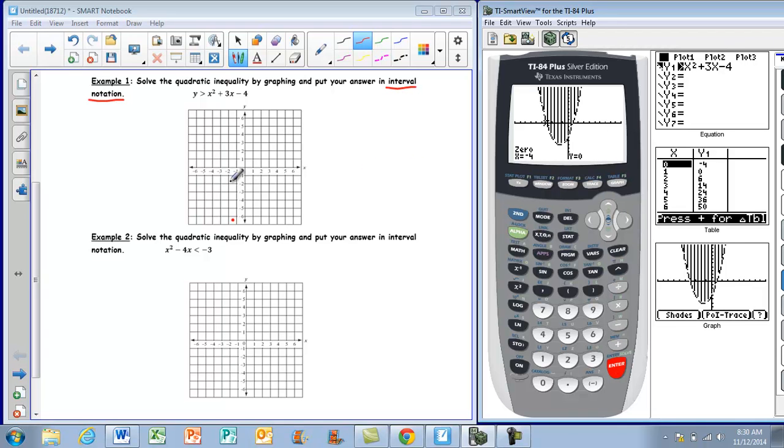So your first 0 is going to be at negative 4, 0. Then we can calculate the other one. So I go to second, calculate. Again, we have to scroll over here.